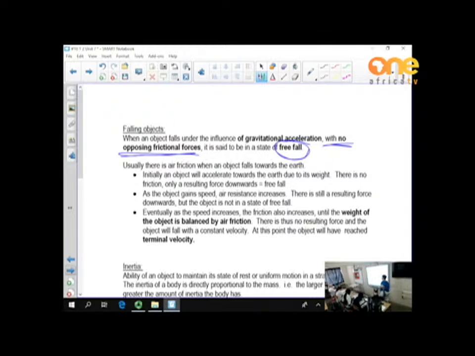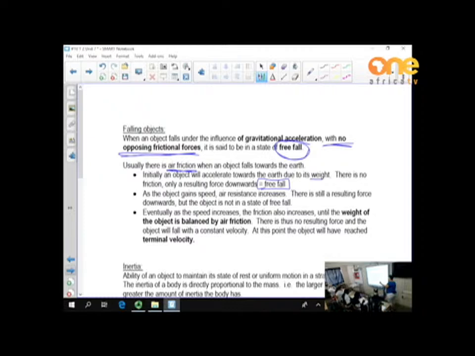Now, usually here on Earth, there is air friction when the object falls. So initially, an object will accelerate towards the Earth due to its weight. The friction when you are moving slowly is very little. It's so little we can ignore it. So then we will say that for the first part, there aren't any opposing forces. You are in a state of free fall.